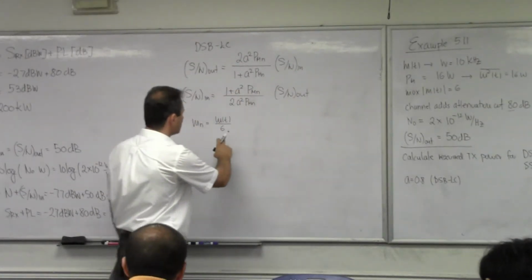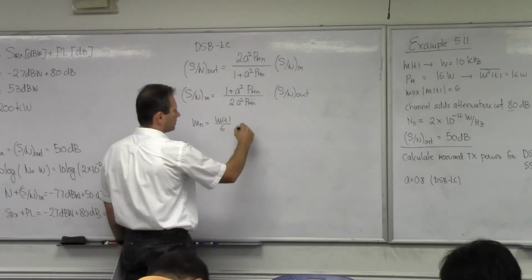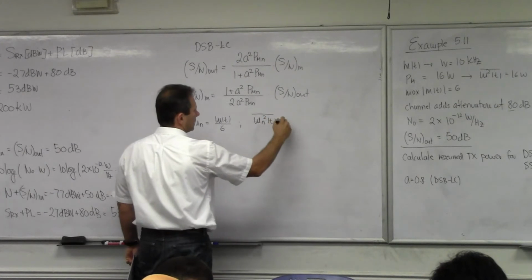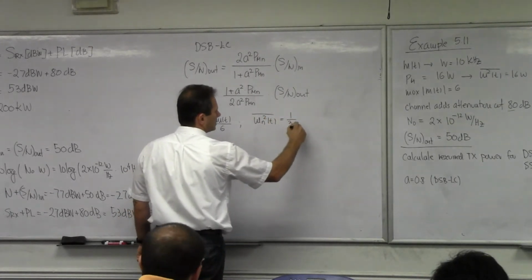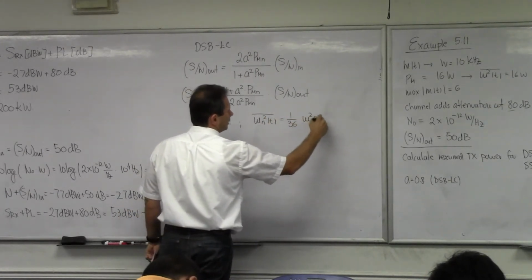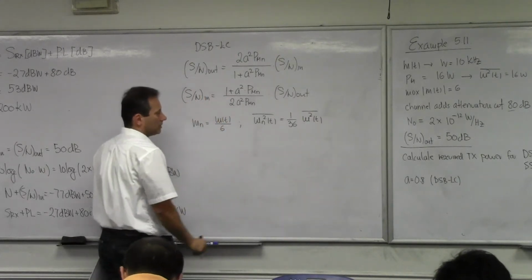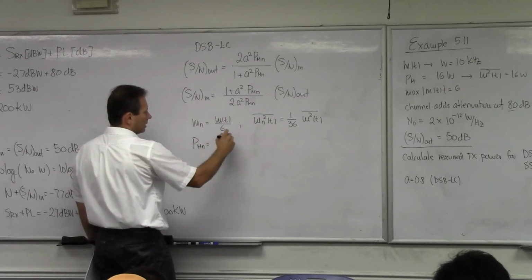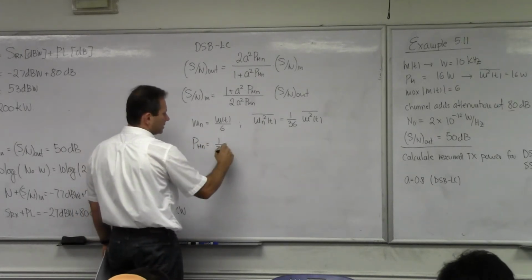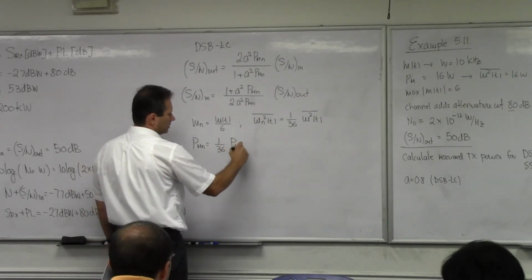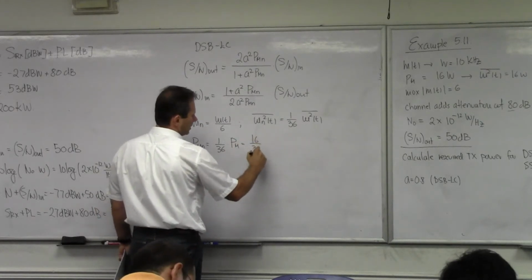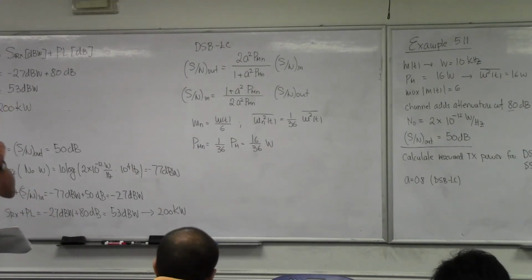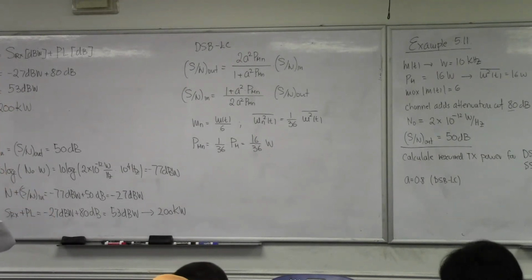So if I square both sides here and I average over time, I get the normalized m squared of t average over time is 1 over 36 times m squared of t average over time. Or I can say that the power of the message normalized is going to be 1 over 36 of the power of the message, which in this case is 16 divided by 36 watts. Okay? So that's the power of the normalized message signal.